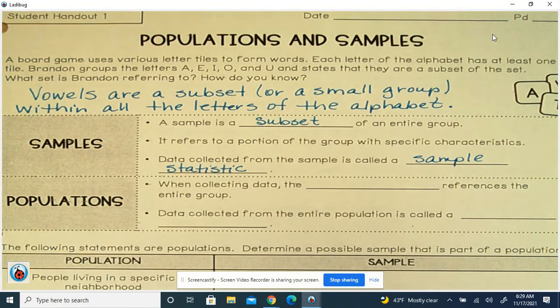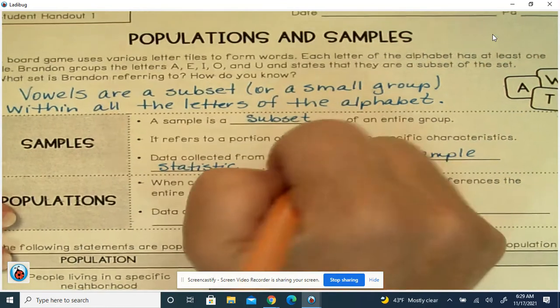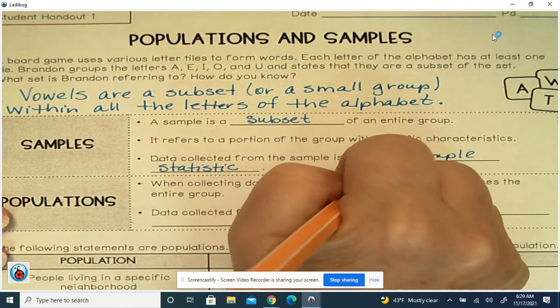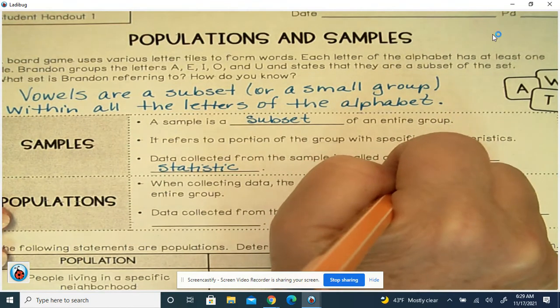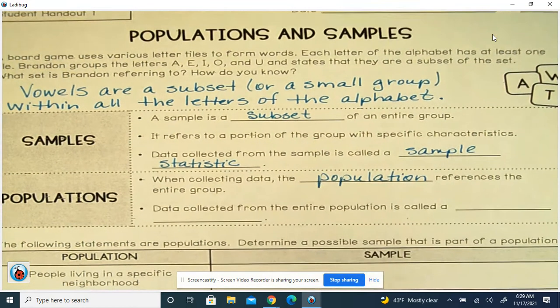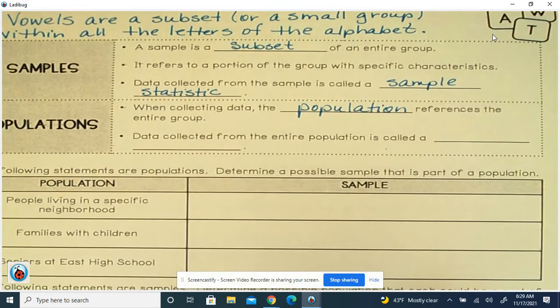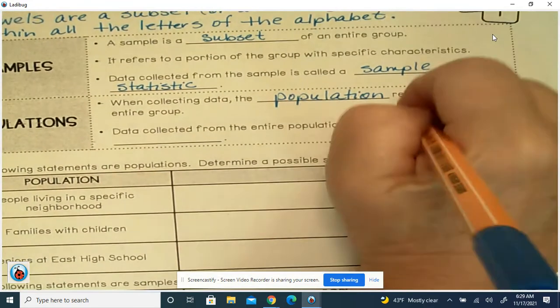Populations. When collecting data, the population references the entire group. Data collected from the entire population is called a population statistic.